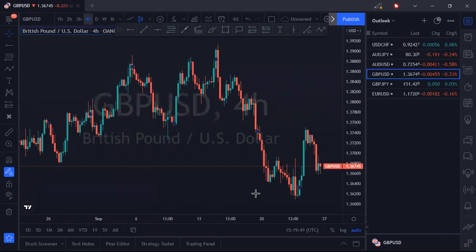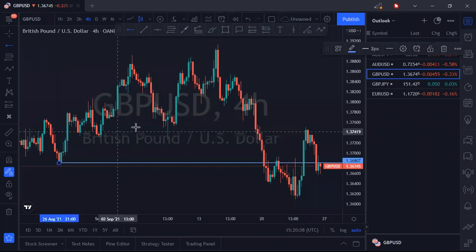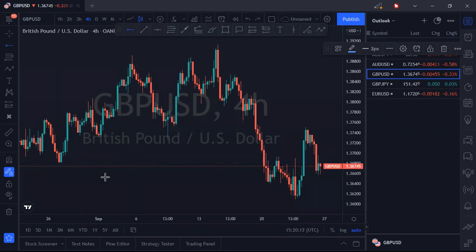Okay. So as you can see, a similar thing has happened in here as we discussed on Euro USD. Liquidity has been taken out. There has been a liquidity taken out here.